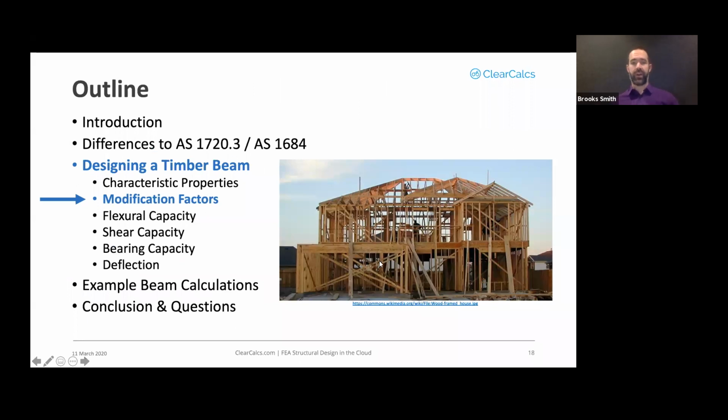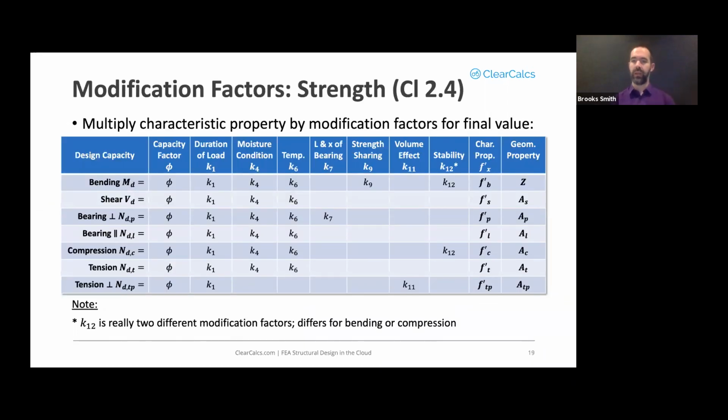So there's your characteristic properties. Next, we'll move on to modification factors, which will actually be the bulk of your calculations. So almost half of this presentation is going to be just talking about the various modification factors, which we'll dive into now. So first off, there are a lot of modification factors.